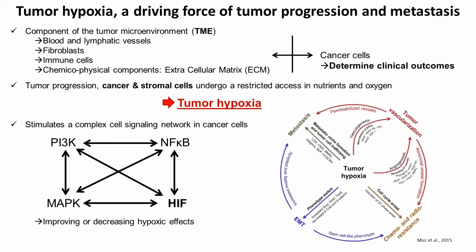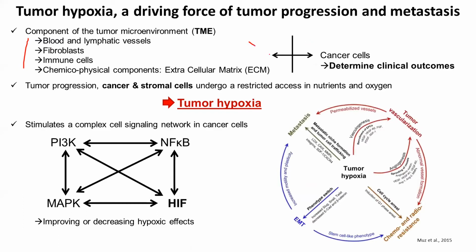So, as you probably know, blood and lymphatic vessels, fibroblasts, immune cells, and chemical-physical components such as the extracellular matrix, the ECM, constitute the stromal compartment of the tumor microenvironment.